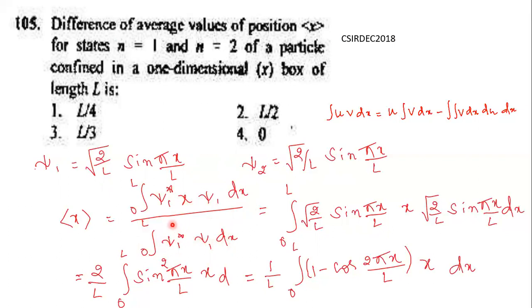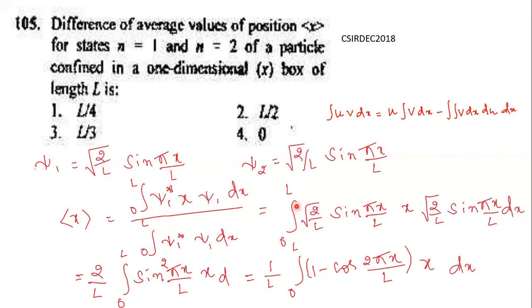The value of this denominator becomes equal to 1 because we have taken the normalized wave function. As psi star psi dx is equal to 1, this term will not be carried further.